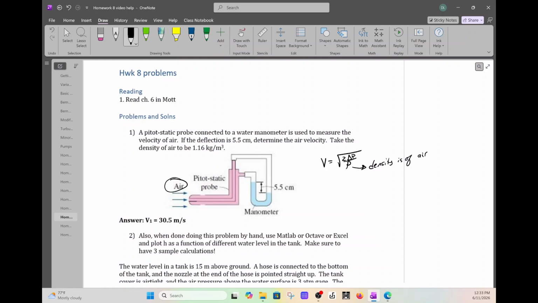Now, delta P, you can use Bernoulli's pretty much on these 2 points. It's static, and it's just rho g h. Or technically, it'd be delta P equals rho g delta H. But this density here is of water.